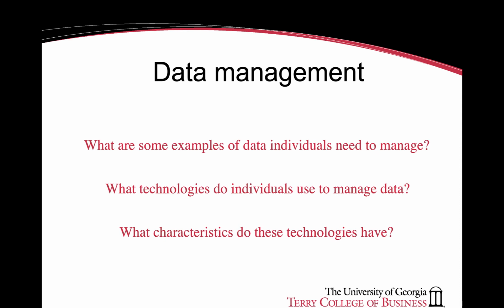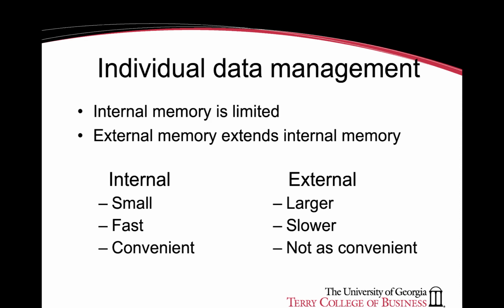Some examples might be your phone book, your reminders, and we might use apps, post-it notes, or notepads to manage these very small individual data management problems. Now, the reason that we want to start by talking about individual data management is because it reflects some of the challenges that may be present in the organizational context.